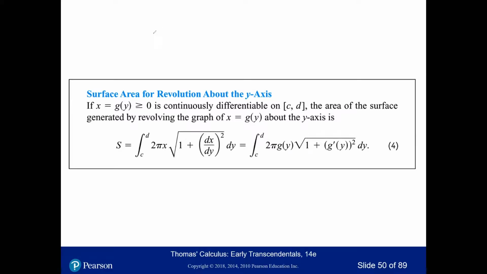Your strip will look like this now, horizontal instead of vertical, and this part is your arc length, which is given by this part, L. And then the length of the strip is given by 2 pi x. And then you're going to add all of the strips together, maybe from c to d, in terms of the y value.